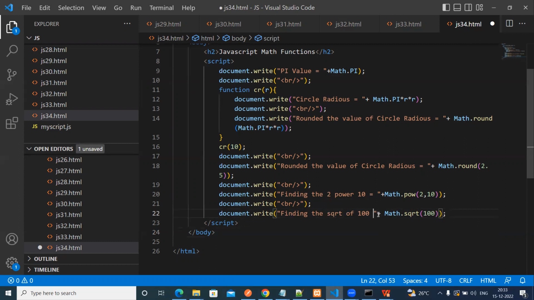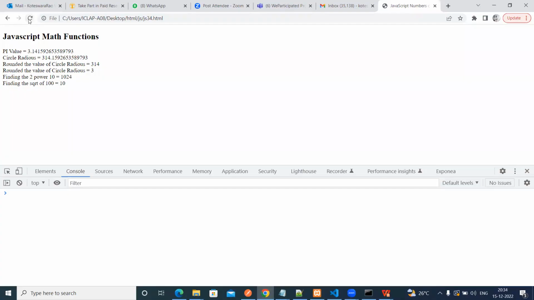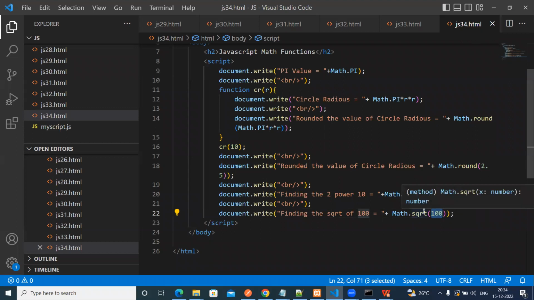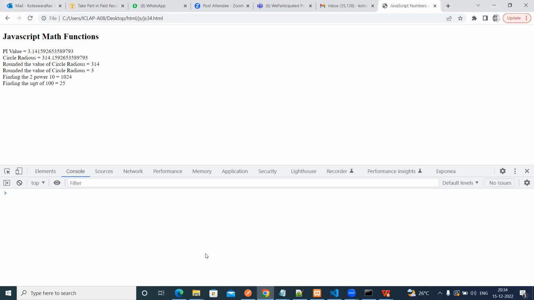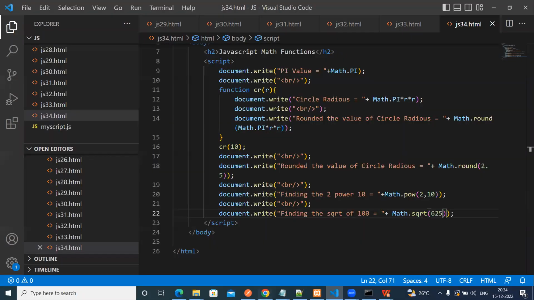Sorry, here we have to give the equal to, so that's why it is confusing. So square root of 100 equal to 10. Right? Same way, if we find the square root of 625, I think it is 25. Okay, clear? So this way we can use the Math.sqrt method for finding square roots.